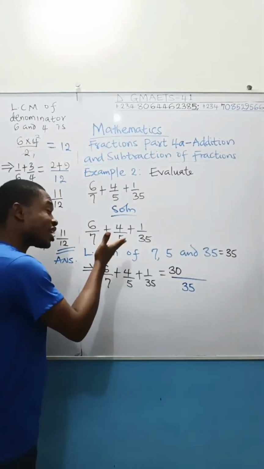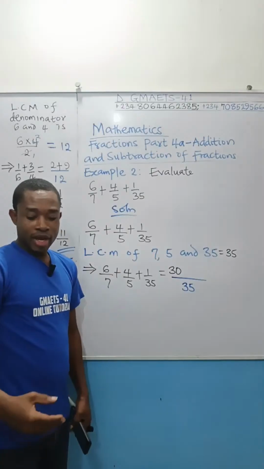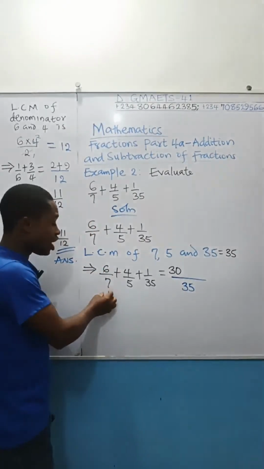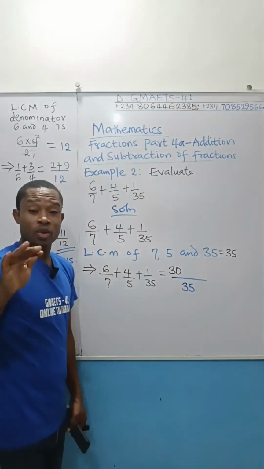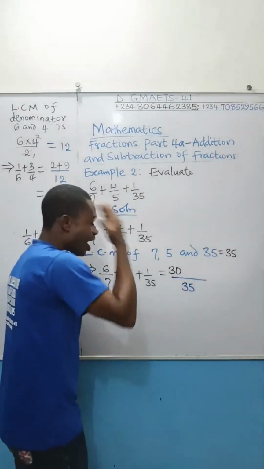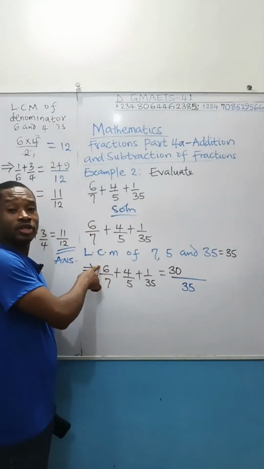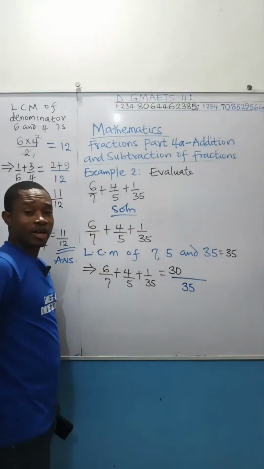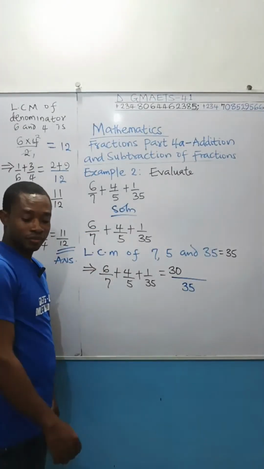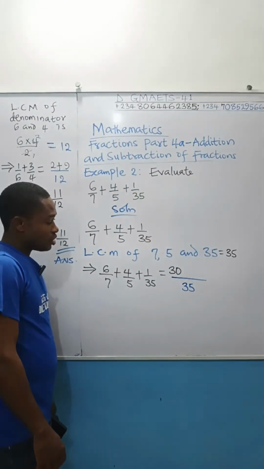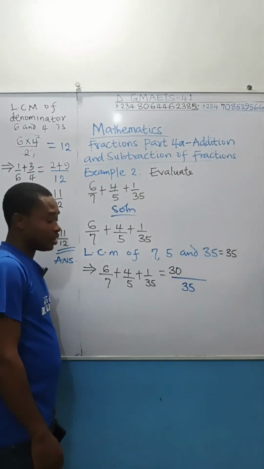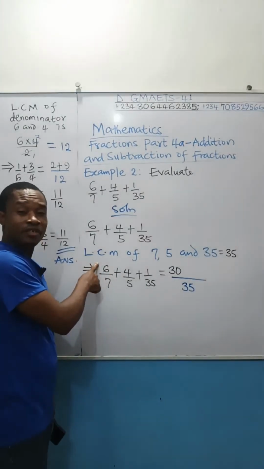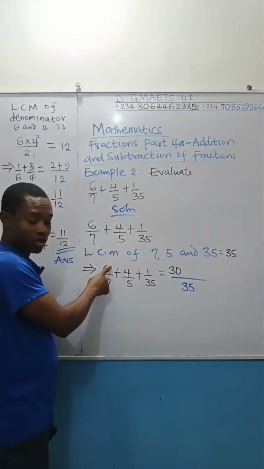That is why I'm introducing that approach now, where instead of doing LCM divided by the denominator and using the result to multiply the numerator the normal way, I prefer that the LCM should come to the numerator, then reduce it by the denominator. Whatever you get, use it to multiply that numerator that you have there. Okay? Like I said, 35 is the LCM. Let it come here. 7 will reduce it, you get 5. 5 times 6 will give you 30.